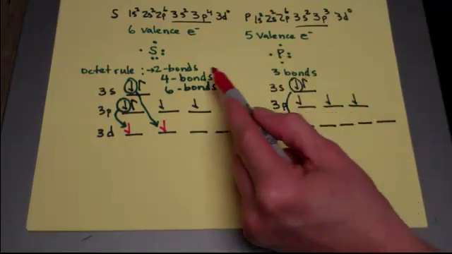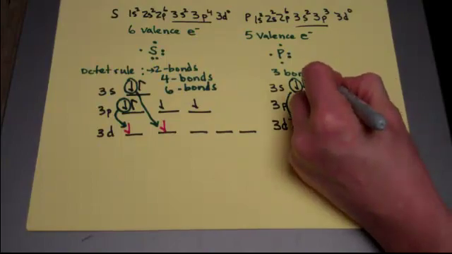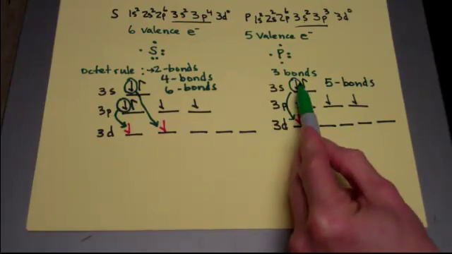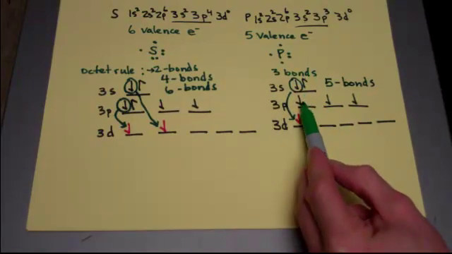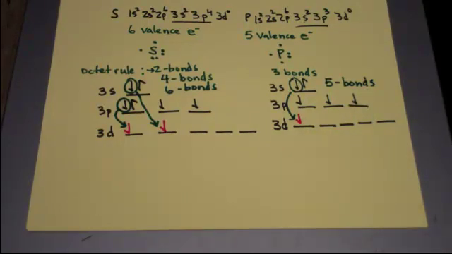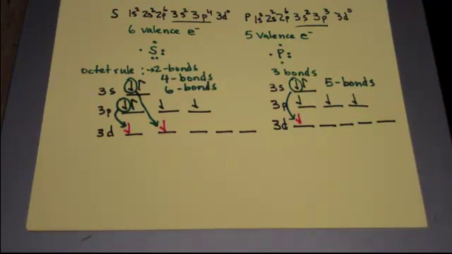So phosphorus normally forms 3 bonds with the octet rule, or if we're breaking the octet rule with electron expanding, we can have 5 bonds, because now we've got 1 bond that can form here, 1 here, 1 here, 1 here, and 1 here. That's a total of 5. So phosphorus can form 3 bonds or 5 bonds, depending on how the electrons shift. This is the reasoning why you can have these expanded orbitals, and why sulfur and phosphorus can have extra bonding opportunities.